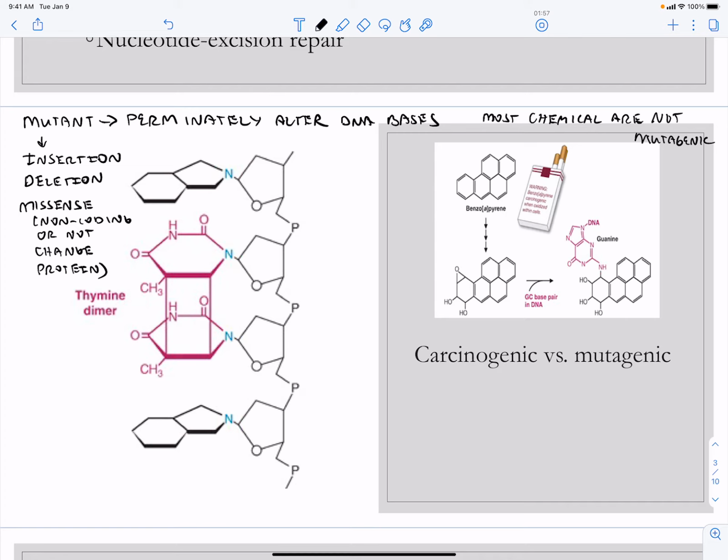And so your mutations that are going to lead to potential cancer, or chemicals that cause this, are going to be known as carcinogenics. And 90% of carcinogenics are mutagenic.